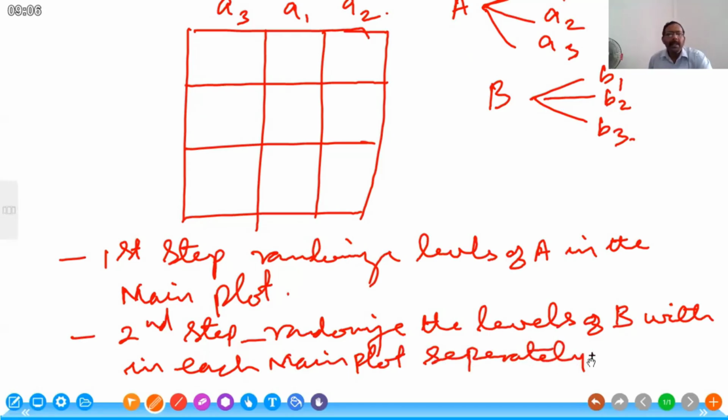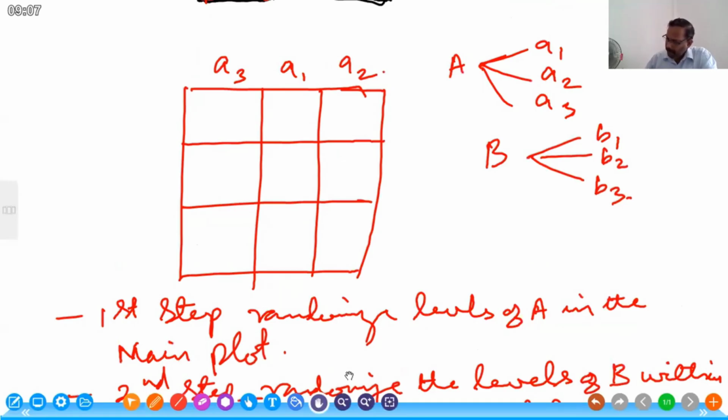You randomize each level of B within each main plot separately. For example, the first main plot consists of A3, so I randomize B1, B2, B3 here: B3, B2, B1, B2.